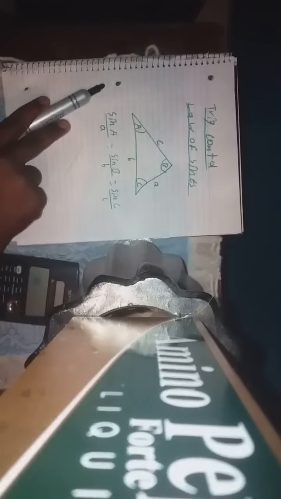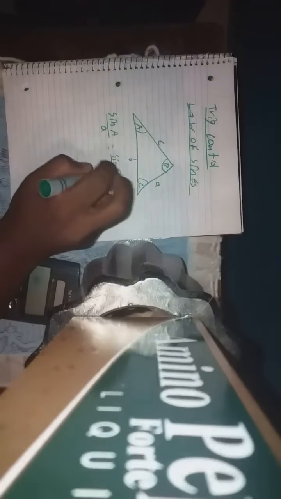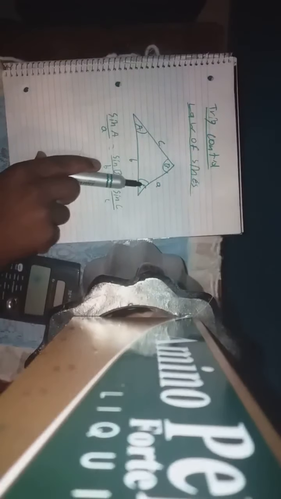Now we will be dealing with sine and cosine in terms of non-right angled or non-Pythagorean triangles. And the first one we'll be dealing with is the law of sines. Now, here you see we have a triangle that is non-right angled, and we have the angles capital A, capital B, capital C, and opposite to them we have sides small c, small a, small b.